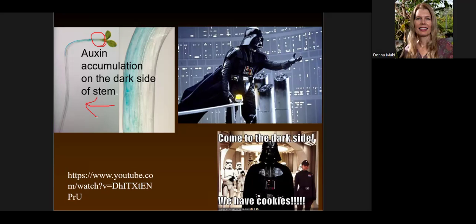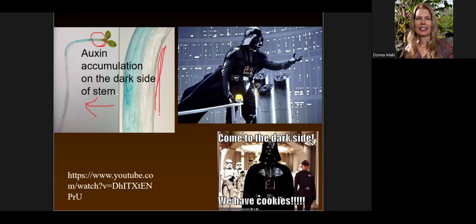So auxins only move to the dark side in the shoots of this stem? Yeah. In this case, with unidirectional light, you have to qualify it. Unidirectional light will cause it. So what's happening is there's only light coming from this side. It's a dark room that they did this experiment in, except for a spotlight shining from the right and hitting this side of the stem.